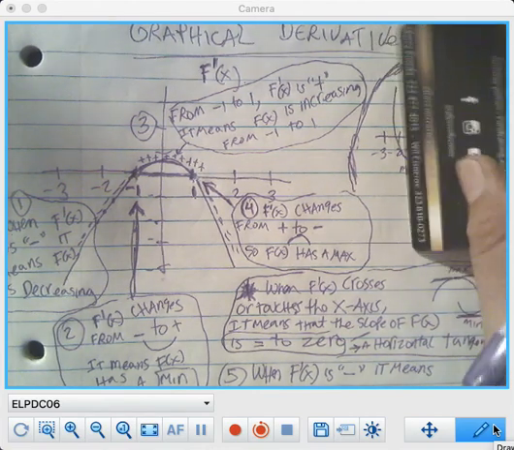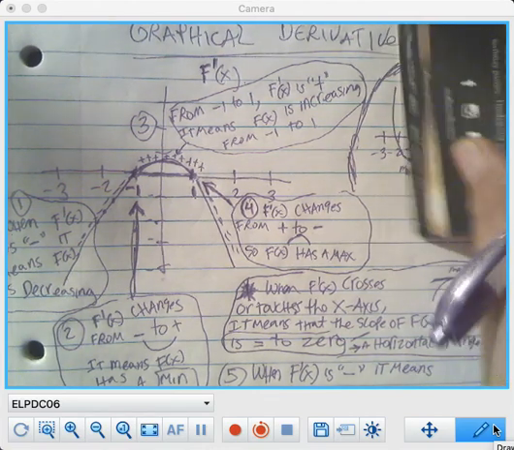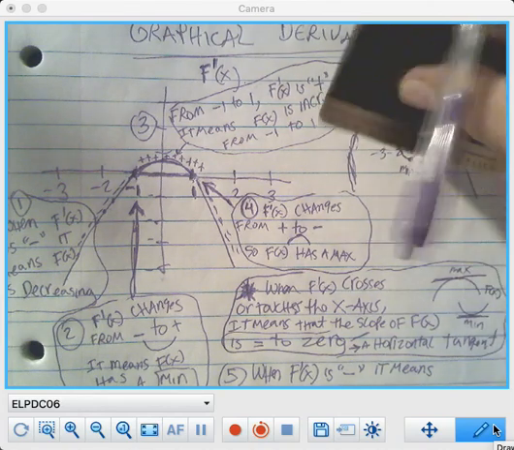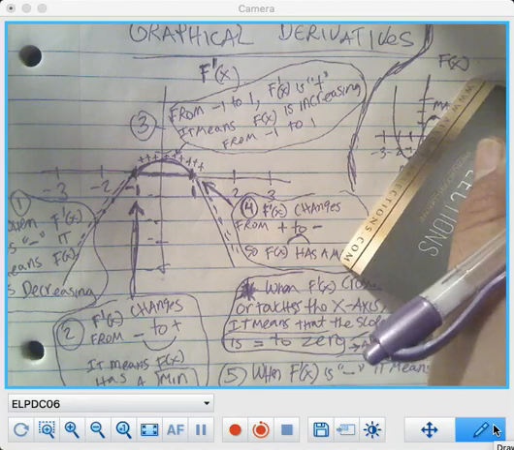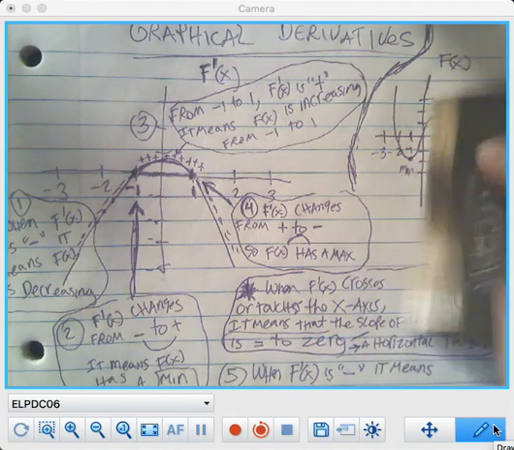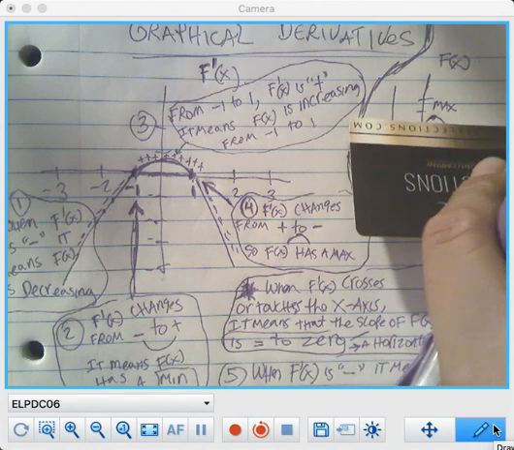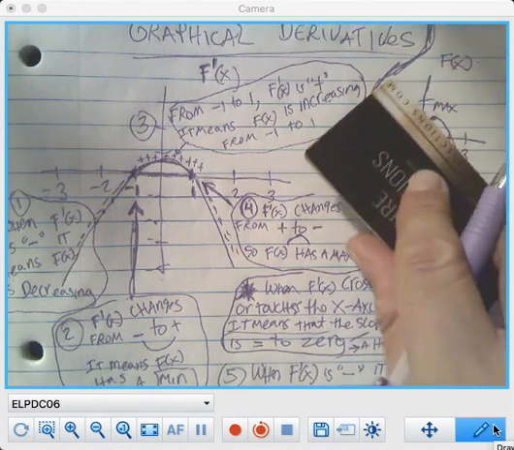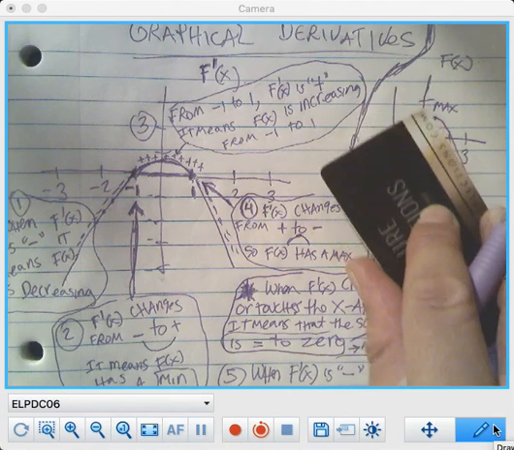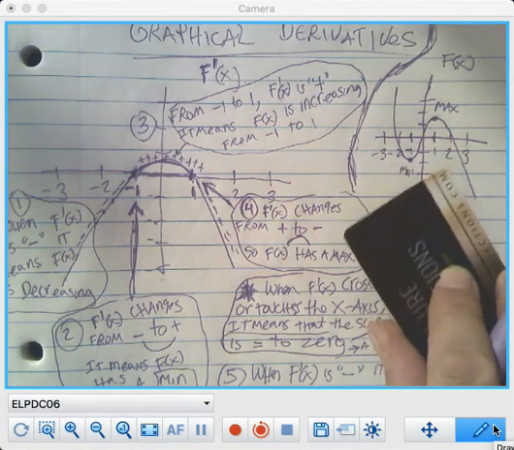You have a negative derivative here because the slope is negative. Derivative is equal to 0. And then the derivative is positive. That means that your function is increasing. The derivative hits 0, and then your function continues to decrease because the derivative is negative. The slope is negative. It goes down. Okay?